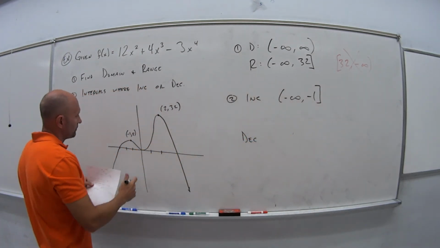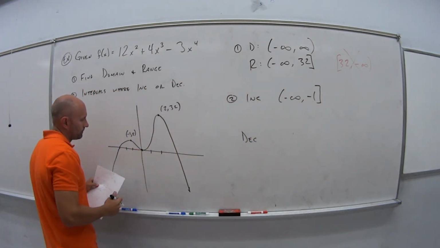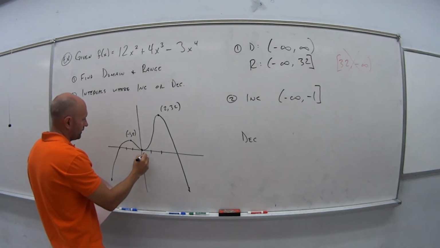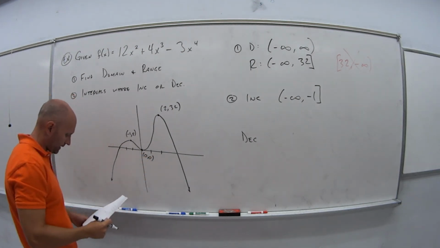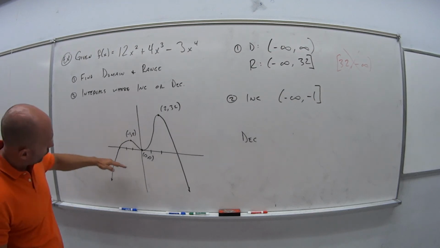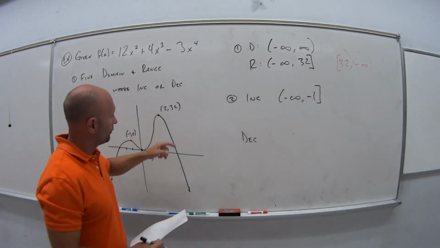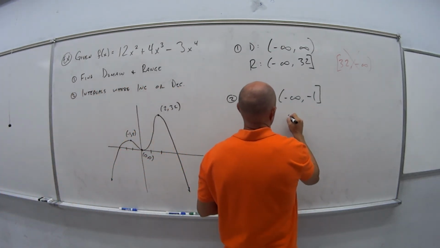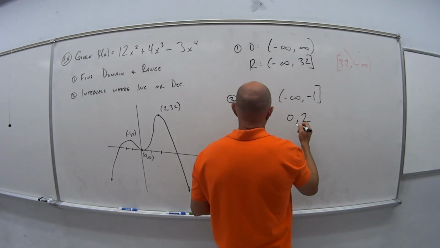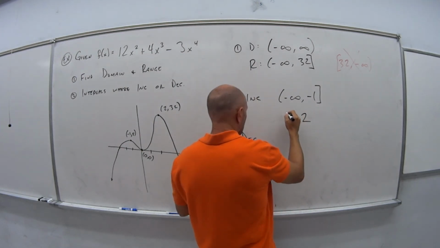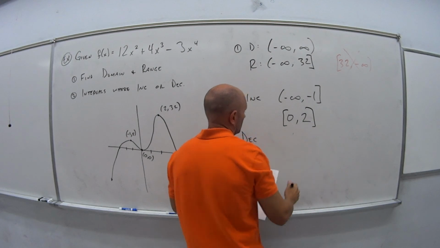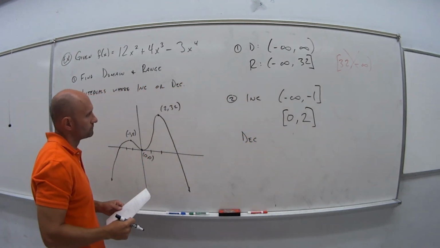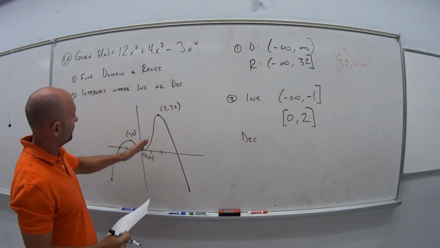Then I start decreasing till I hit the origin. At this point here, this is (0, 0), where it switches back up. So it goes back uphill from 0 to 2. 0 is included, 2 is included. So those are both my increasing intervals.